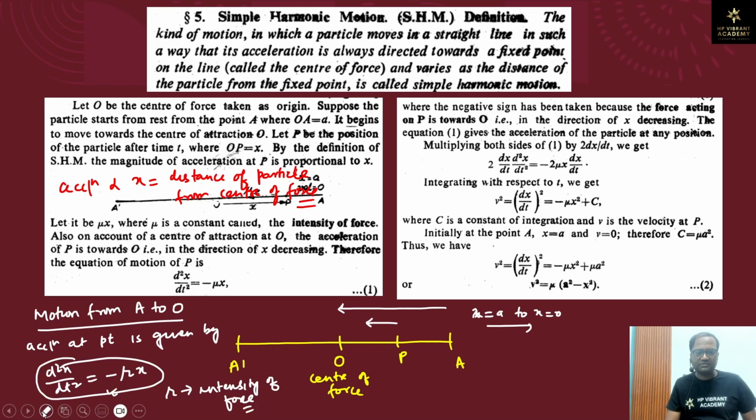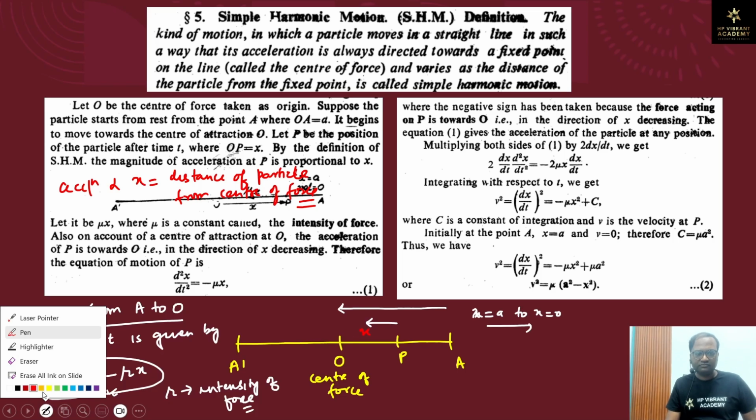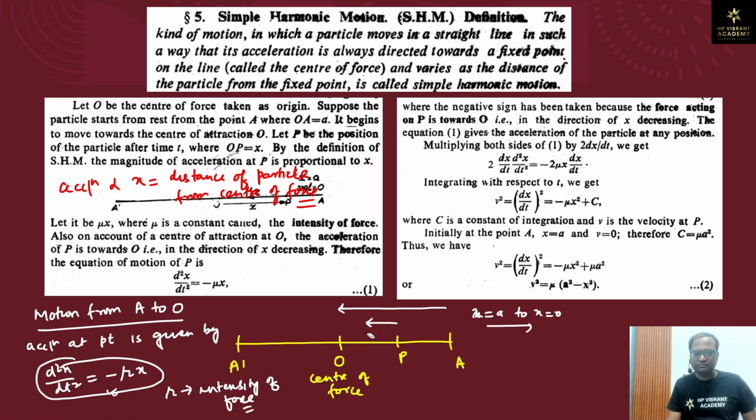So this is x, and the value of x is this. Suppose this acceleration at point P is a dash. A dash is proportional to x by the definition of SHM.